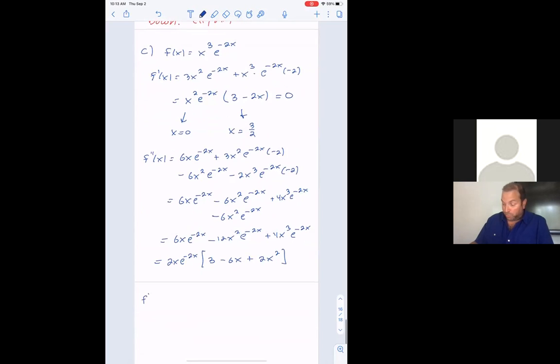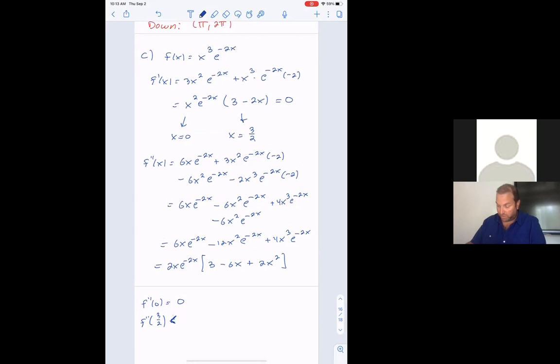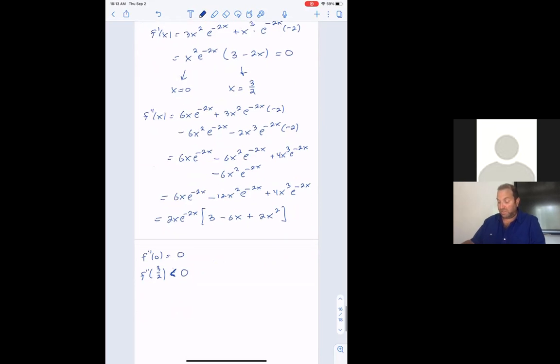So f double prime of 0 is 0, inconclusive. F double prime of 3 over 2, positive, 3 minus 9, I'll do my calculator. 3 minus 9 plus 2 times 1.5 squared. This is negative, which means that is concave down, therefore that is a max.